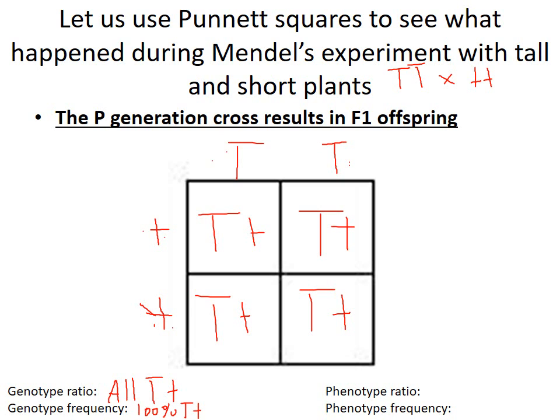For the phenotypic ratio, again, you don't really have a ratio because they're all the same type, but we'll say all tall. For the phenotypic frequency, or the percentage, you can just say 100% tall. Remember that tall was the dominant allele in this experiment. Notice genotype versus phenotype. And again, these were our F1 generation.